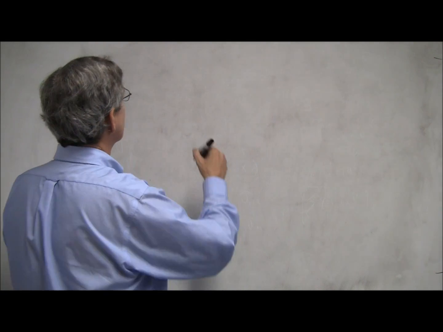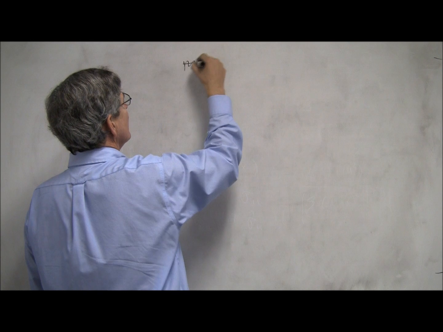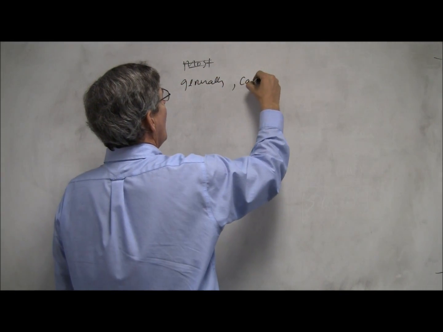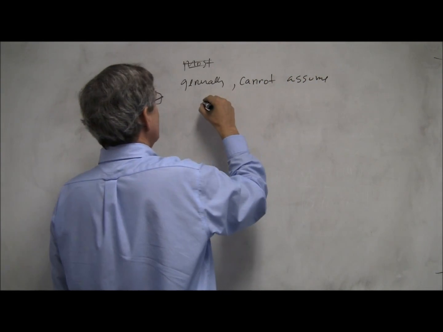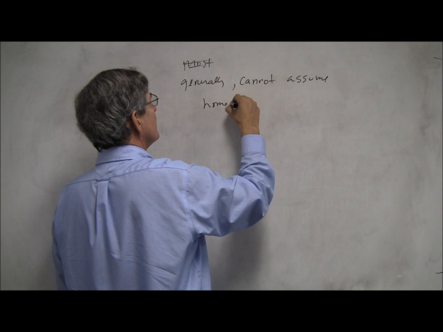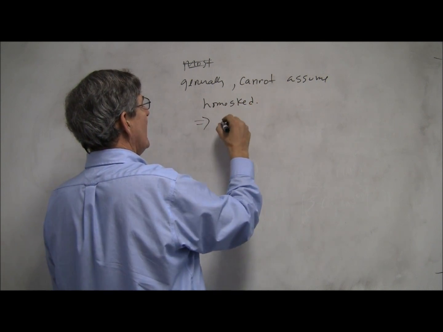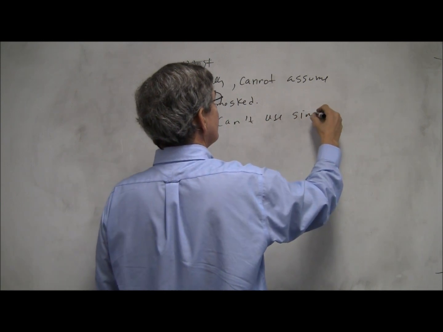So it's rare that you can use that formula with any confidence. And so what you do is you use the more general one. Most of the time, almost always, we generally cannot assume homoscedasticity. That implies we can't use the simpler formula.